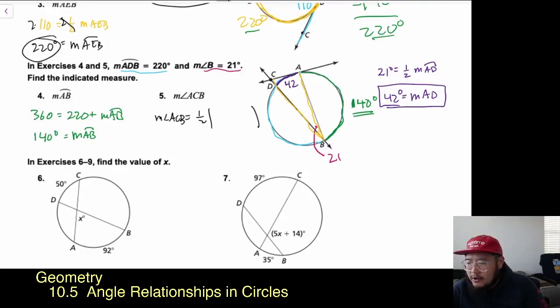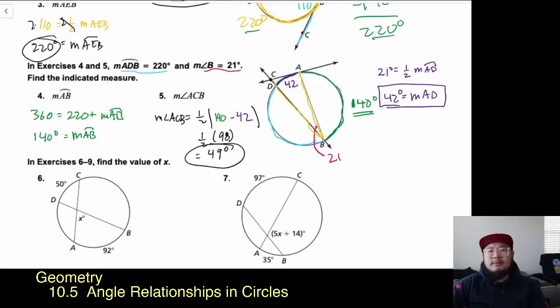The outer arc pertaining to angle ACB is 140. The inner arc is that piece that we just found, minus 42. When we simplify, we have 1/2 times 140 minus 42. That'll get us 98, and when you take 1/2 of that, your answer is 49 degrees. And that is the measure of angle ACB.